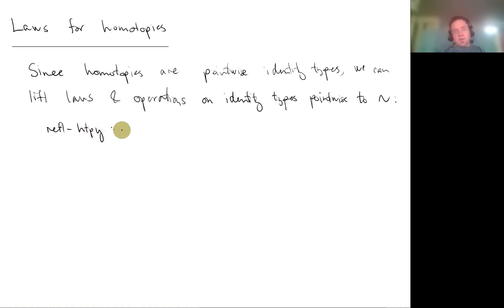Reflexivity of homotopy. So let's see, fix a pi type P, some pi type for a type family B over A. And then reflexivity says for every f in P, f is homotopic to itself. And this term says lambda f lambda x refl at f of x.